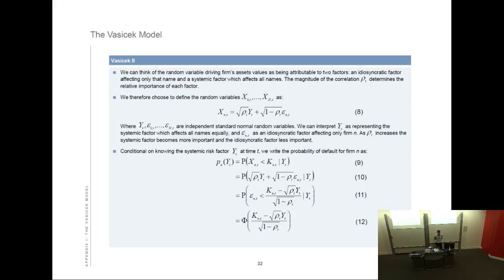Okay, so if we plug that back into our formula for the probability of defaulting, we'll find that the probability of defaulting is now a function that's expressed via the standard normal distribution function, but which also involves the level of the market factor and the correlation.